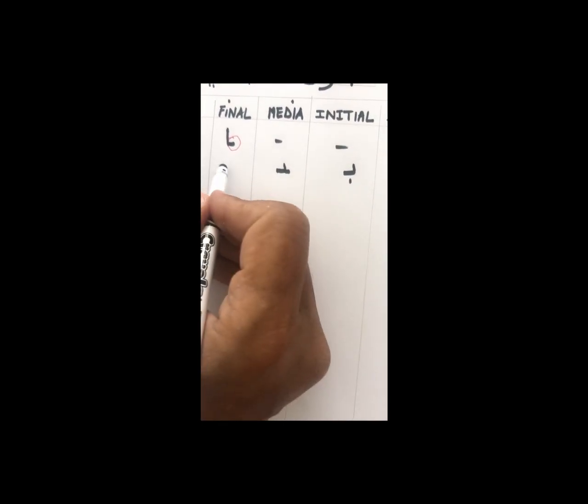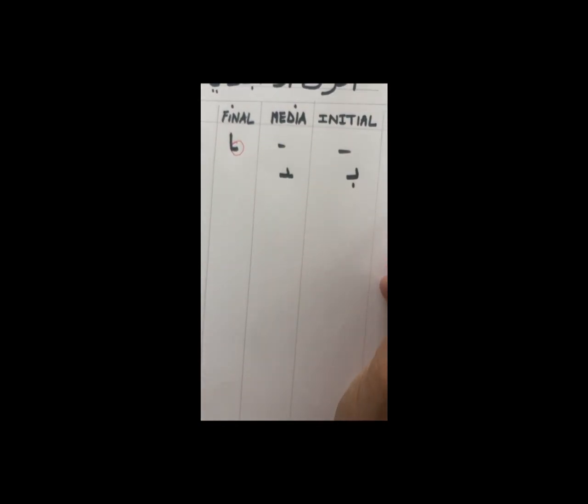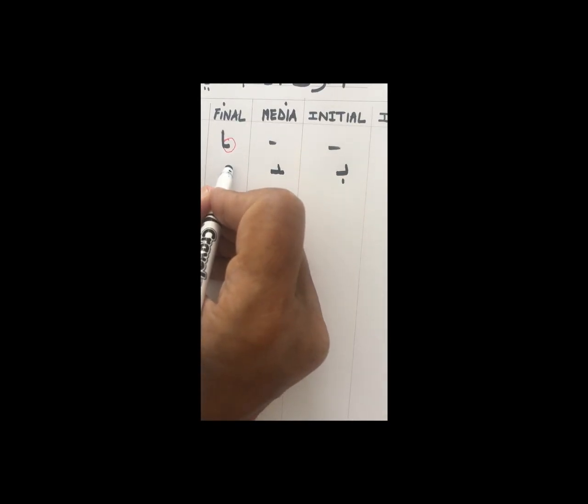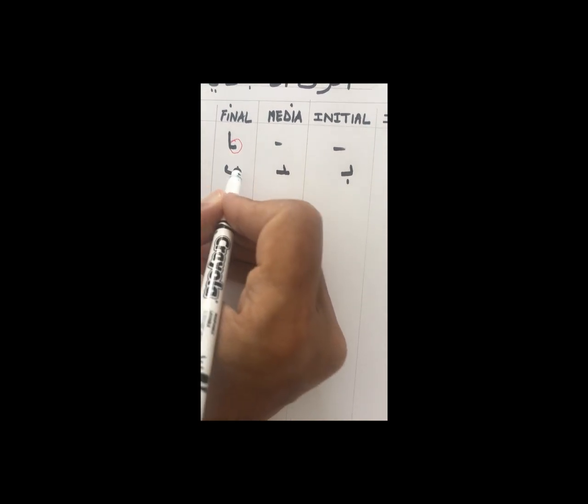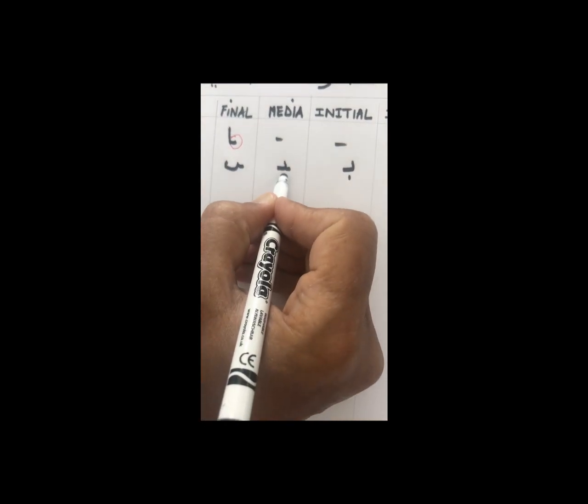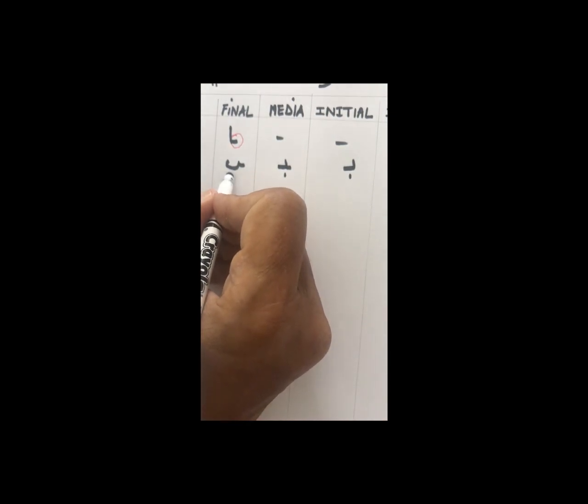Same thing at the end. You write it as the isolated one. You write B. We forgot the dot in here, and you put the dot.